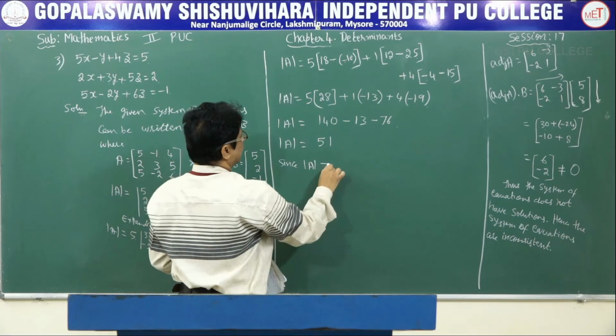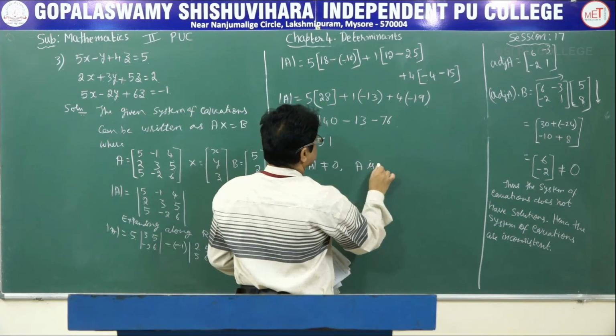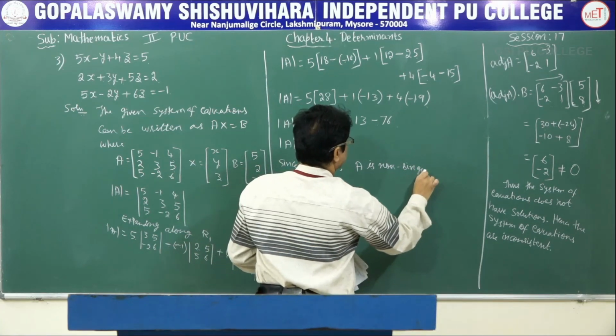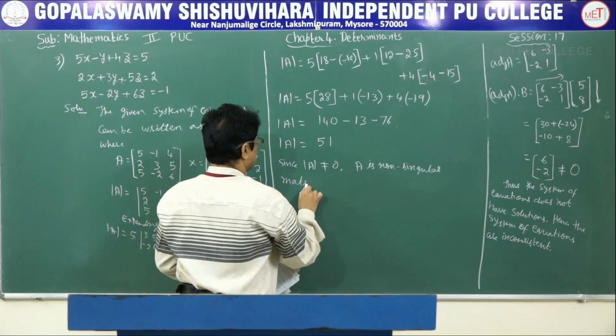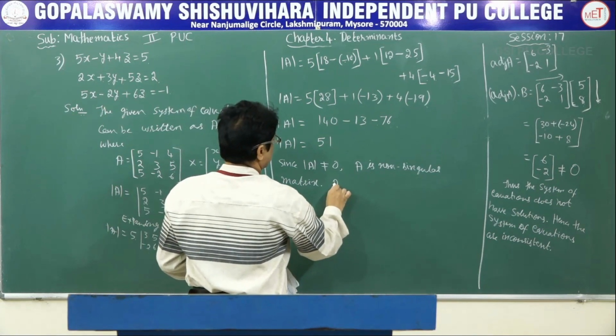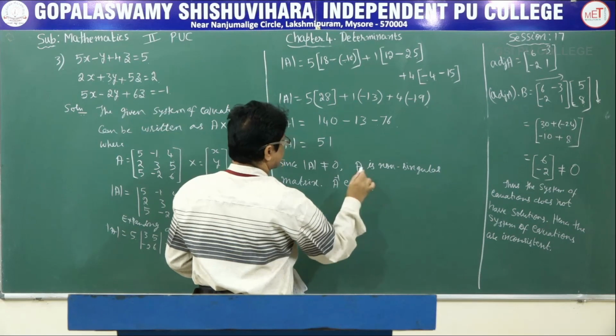Since determinant of A is not equal to 0, A is a non-singular matrix. A inverse exists.